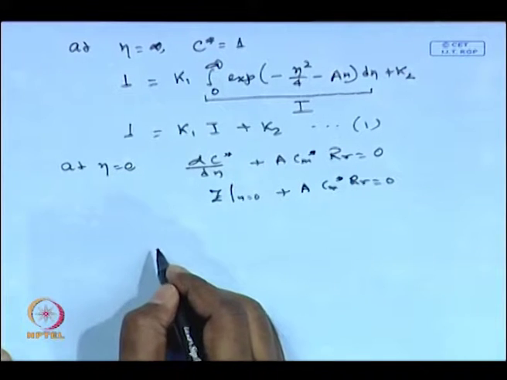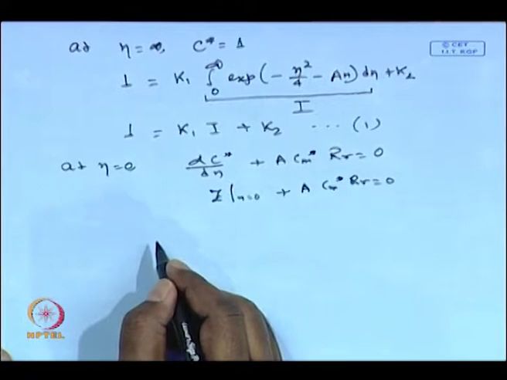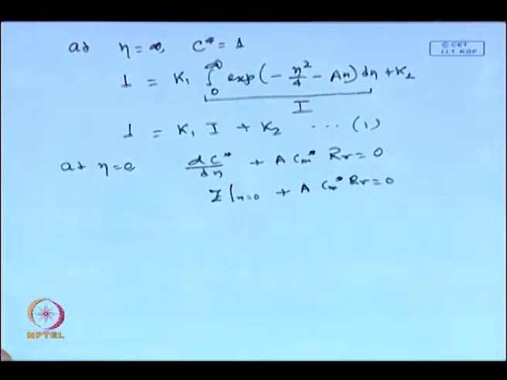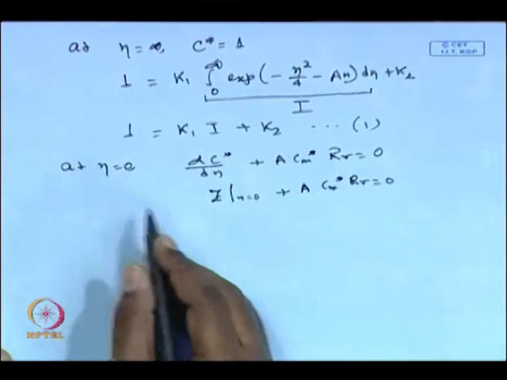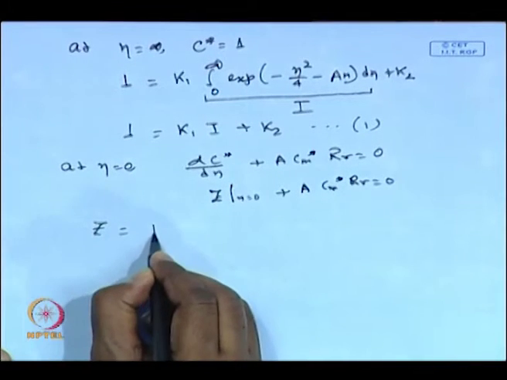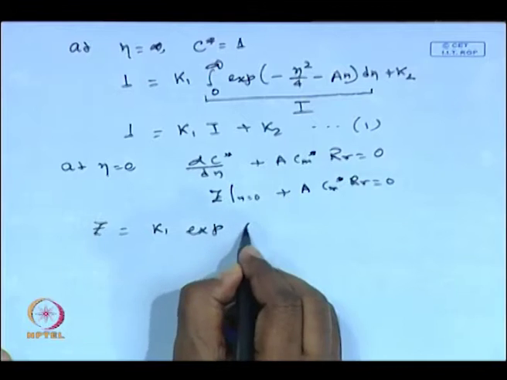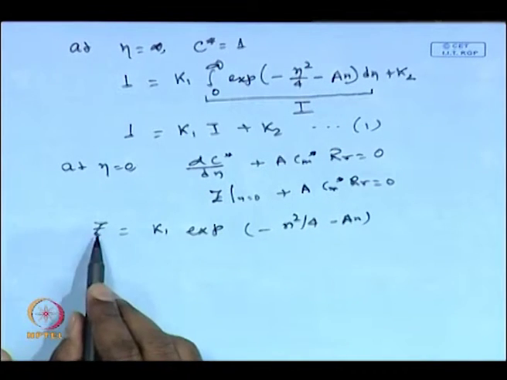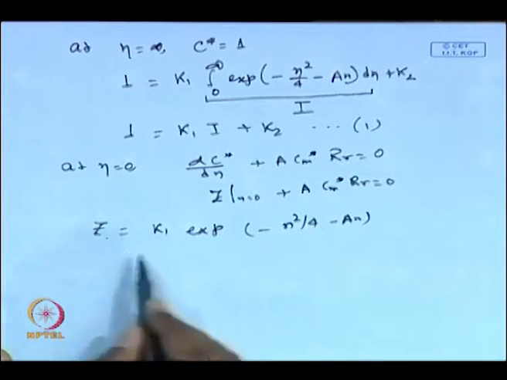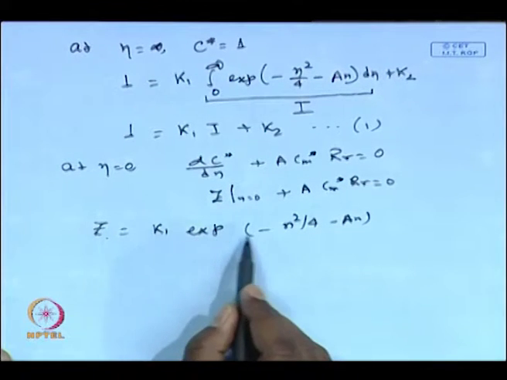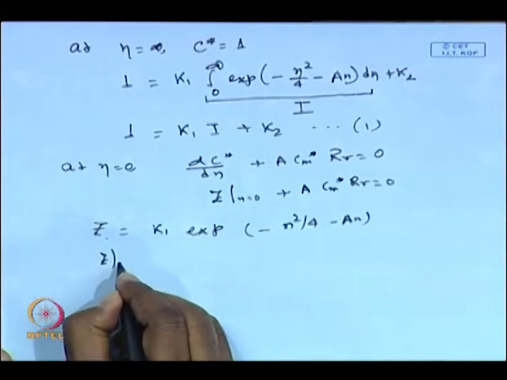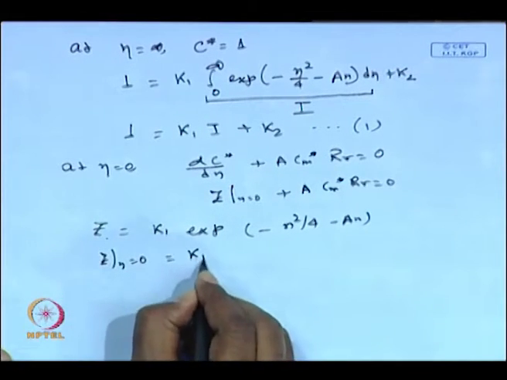Now, let us look into what is z at eta equal to 0. The expression of z was k1 exponential of minus eta square by 4 minus a eta. So, z evaluated at eta equal to 0 is nothing but k1, since the exponential term becomes 1.